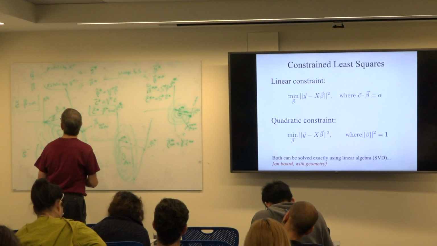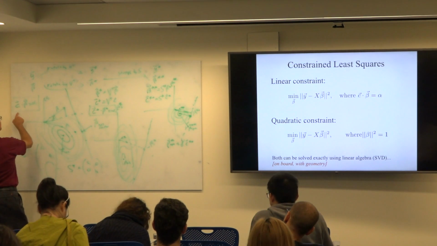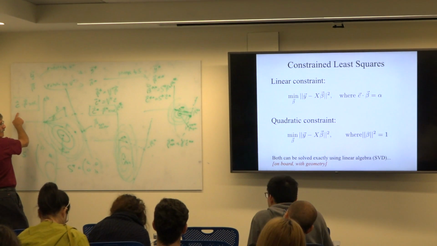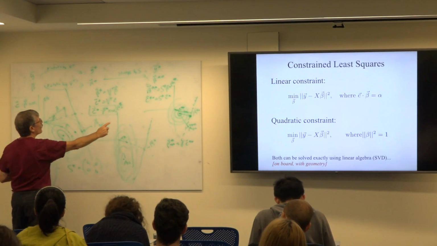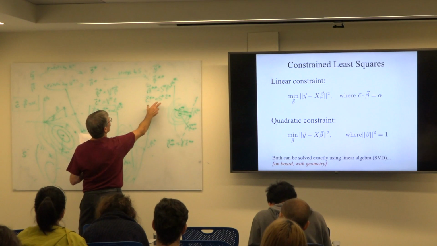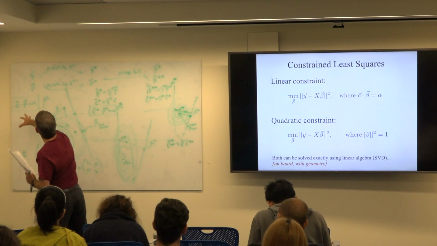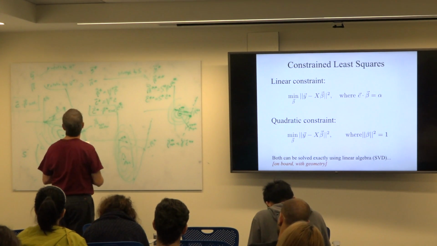So, the constraint is C dot beta equals alpha. We know that. And so I want to write C star star and all this other stuff over here back in this world so that I write the constraint.